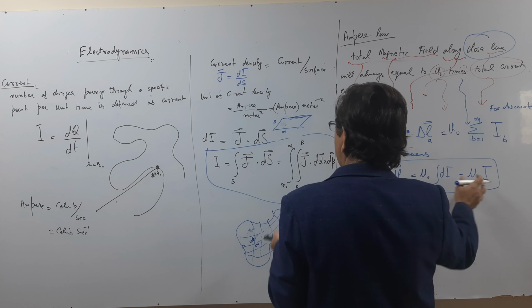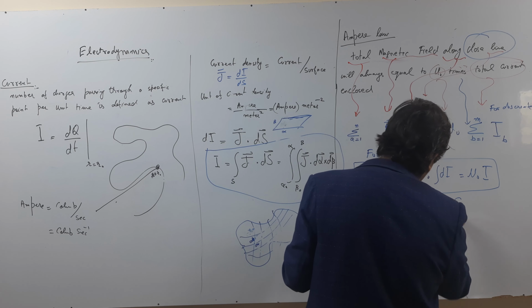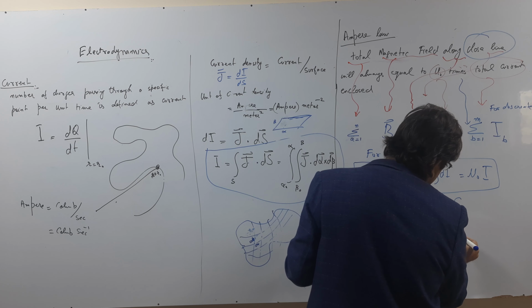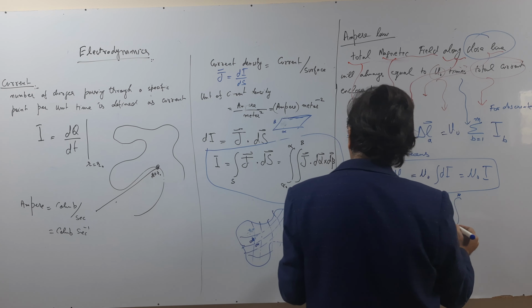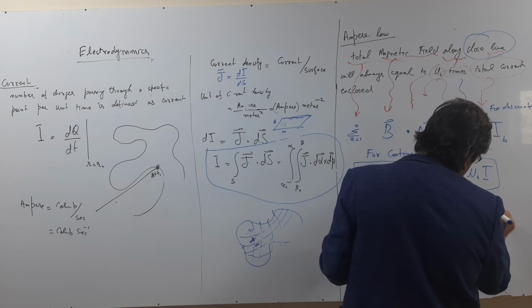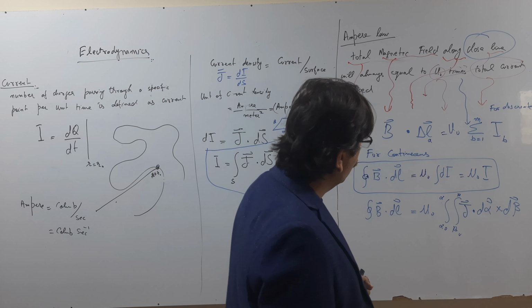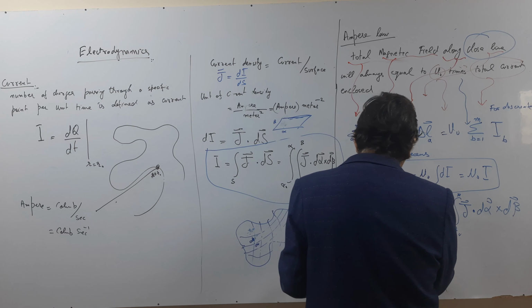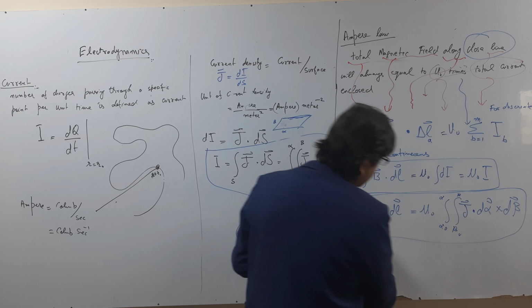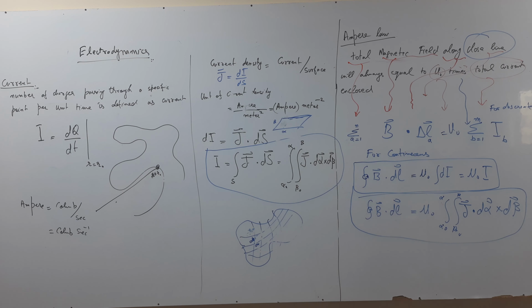But what is the I? This is the integral form of the Ampere law. There are two forms of the Ampere law. One is defined as the integral form of the Ampere law.